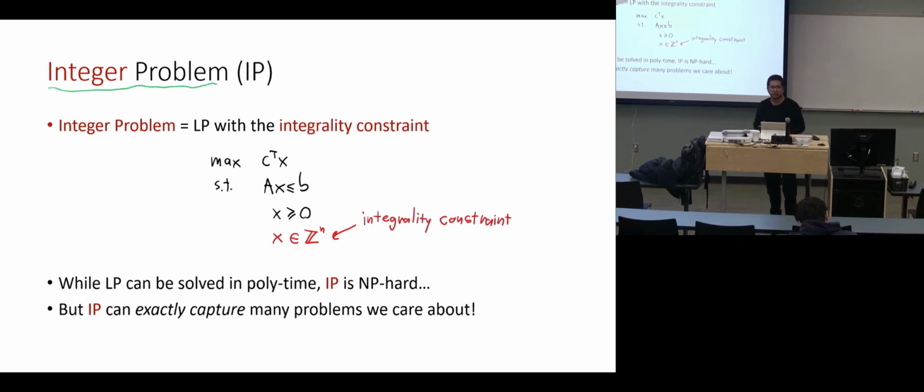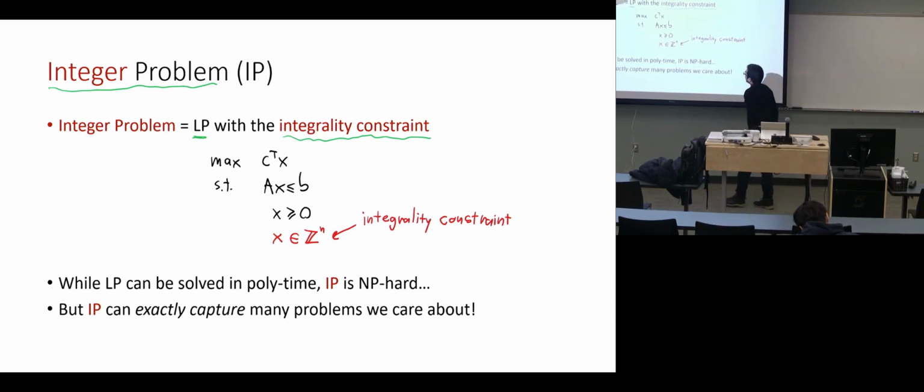Throughout this course, when I say integer program, I just mean a linear program with one more constraint, an integrality constraint. So I just have an LP, but I need my solution to be an integer on each entry. When this is the case, it's called an IP.